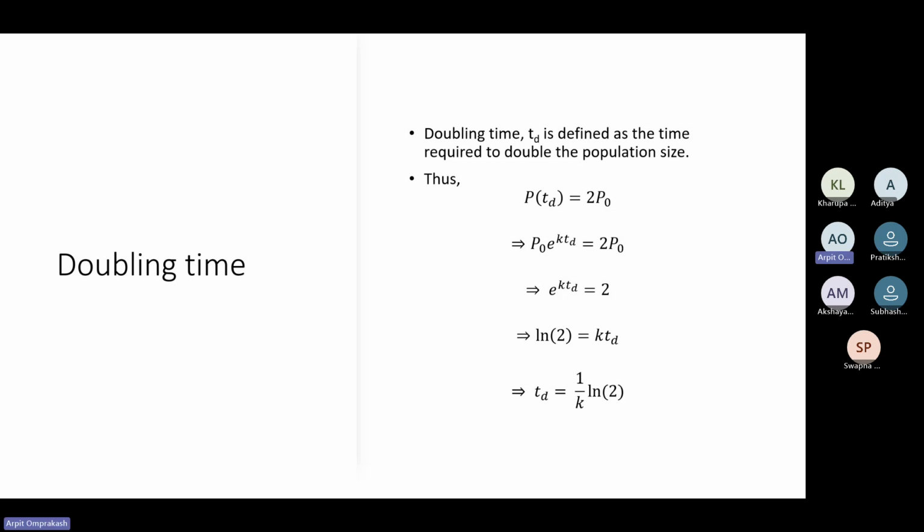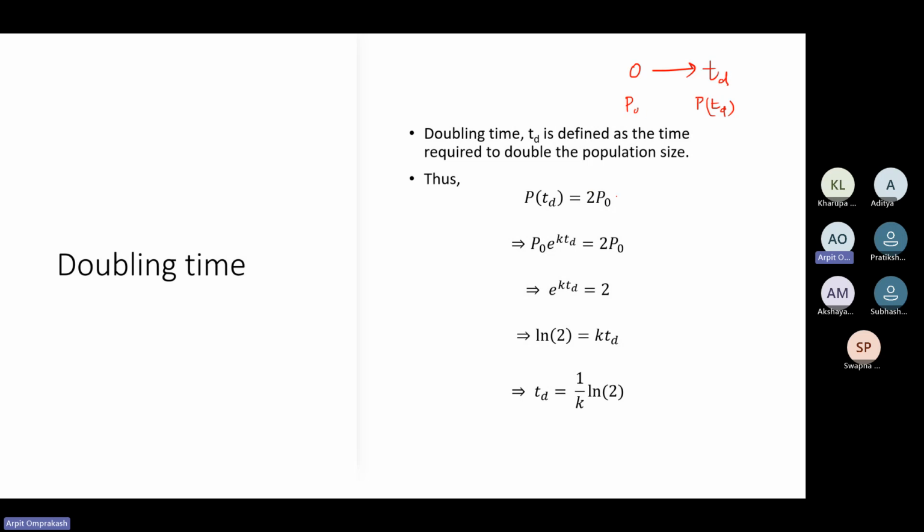Thus, we have population at time TD will be equal to twice of P0, where P0 is the population at the initial time. So let's say we start from 0 and we go to time TD. So the population here was P0 and now the population is P(TD). Since TD is the doubling time, the population here will be twice of what it started out with.